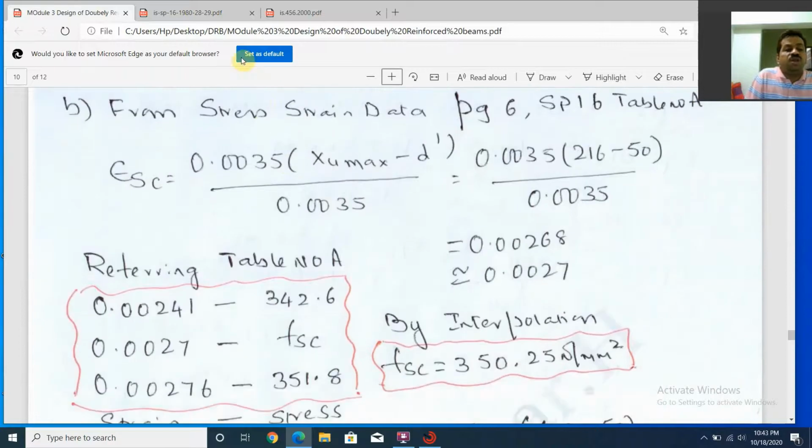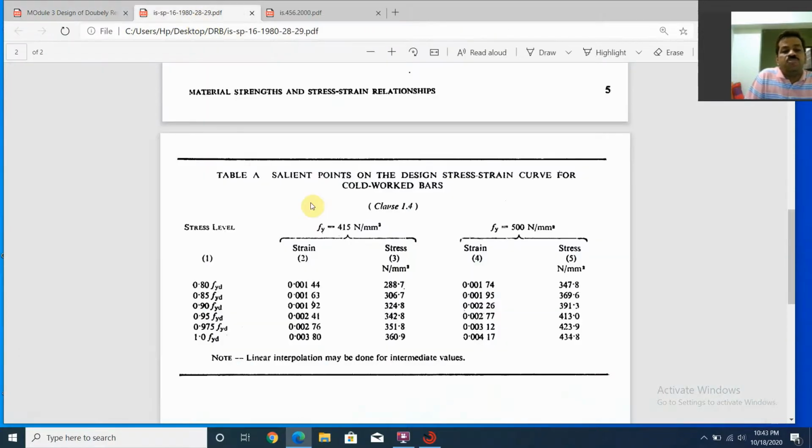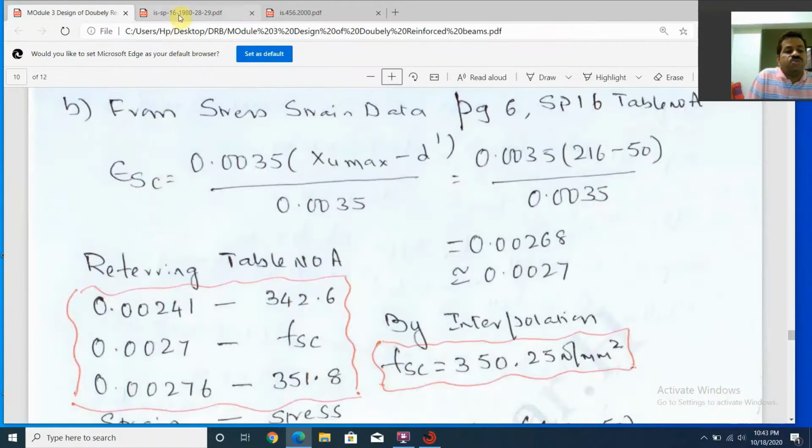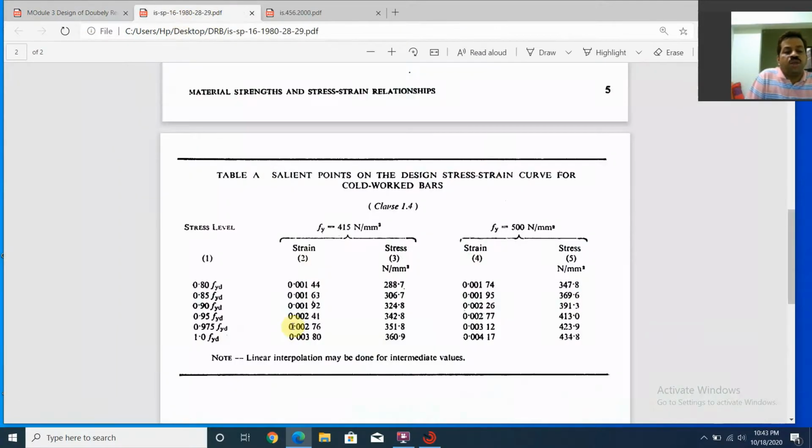Now, referring to the table on page 6 of SP16, you have these values of strain and stress, which I have written here: for 0.00241 you have 342.8, and for 0.00276 you have 351.8.